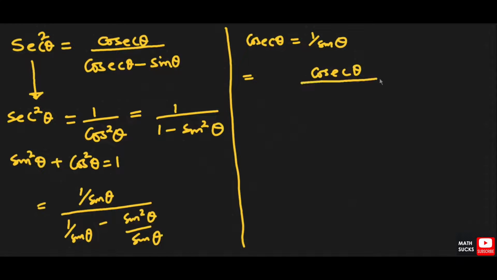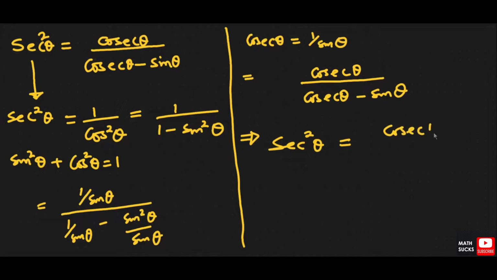Then everything over 1 over sine theta is cosec of theta, then minus sine squared over sine, where one sine cancels with one sine, and we will remain with one sine. And so this means that sec squared of theta is equal to cosec of theta, everything over cosec of theta minus sine of theta.